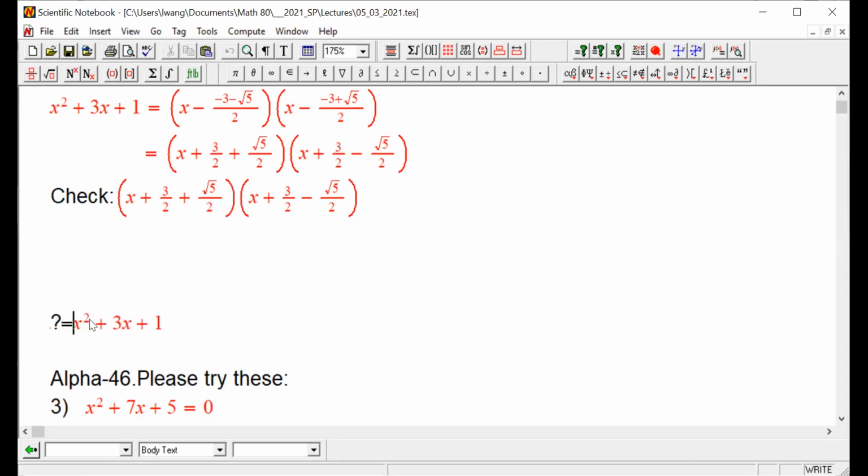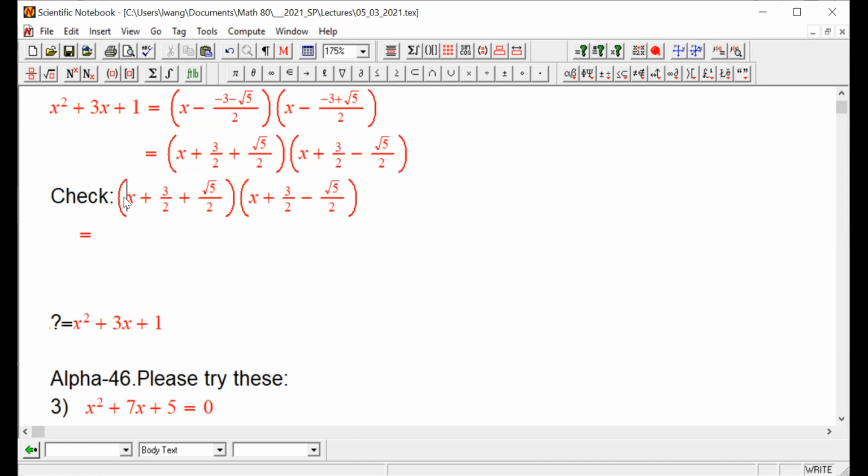That's the direction we're going. So when we check this piece of work, what do we do? We have x plus 3/2 plus the square root of 5 over 2, and we have x plus 3/2 minus the square root of 5 over 2.